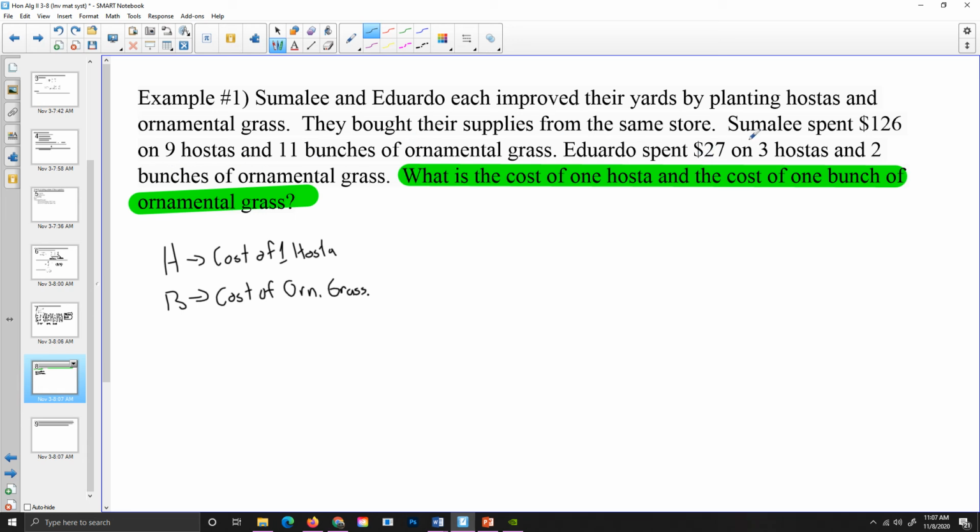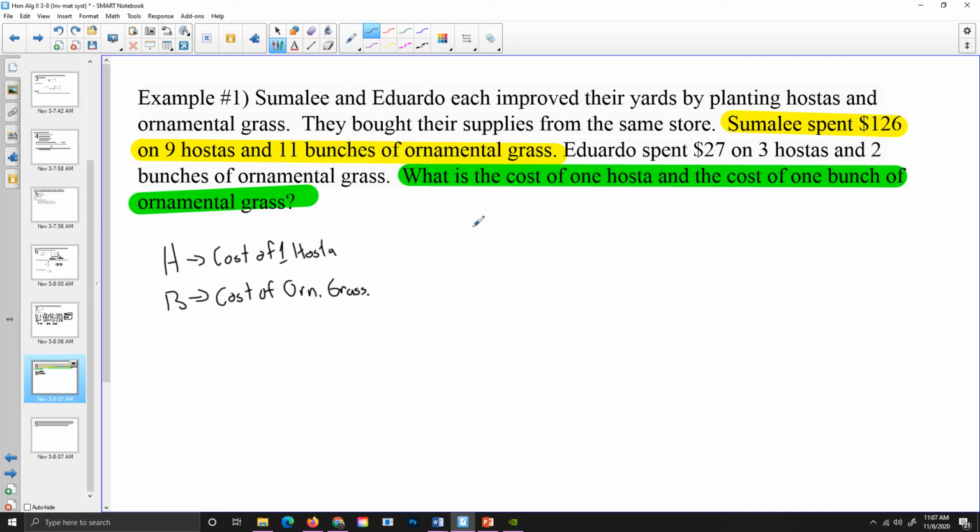And so here we can start setting up equations from the information that was given. We have something about Sumali, and she spent $126 on 9 hostas and 11 bunches of grass. So if I take 9 hostas and I multiply by the cost of 1 hosta, I'll have that portion of the $126. And then if I take 11 times the cost of a bunch of ornamental grass, I'll have that portion of the $126.